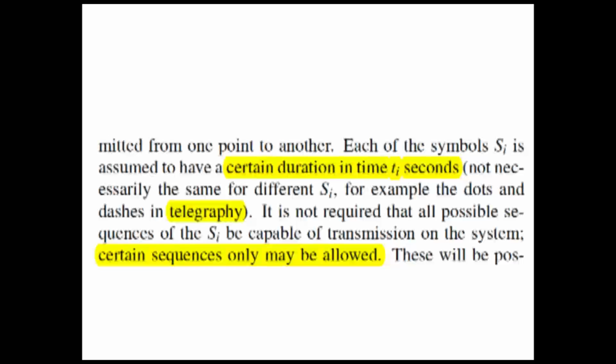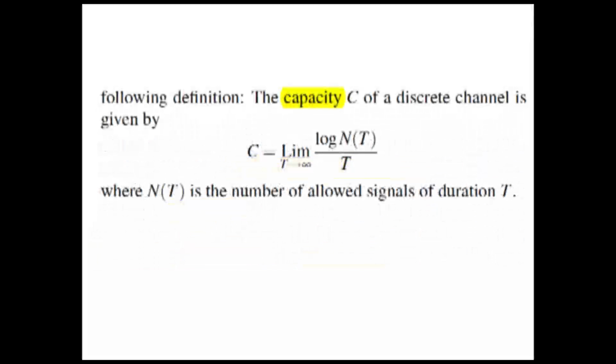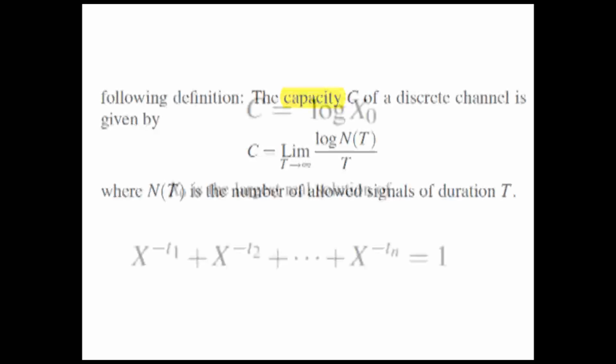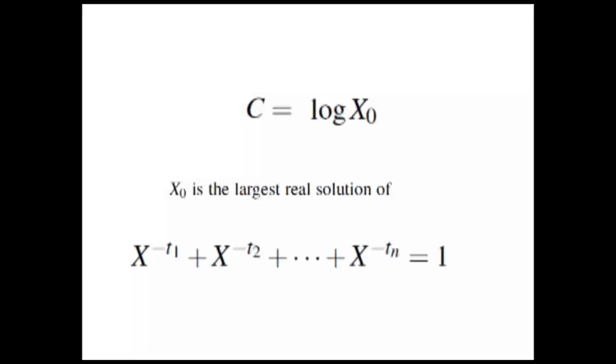So the idea here is, first he gives a special case. He says, well, if the symbols have unequal duration, how many different messages can I pack per second? And then he calls that the capacity of this discrete channel. And then he gives a formula for that as the largest real solution of some equation.